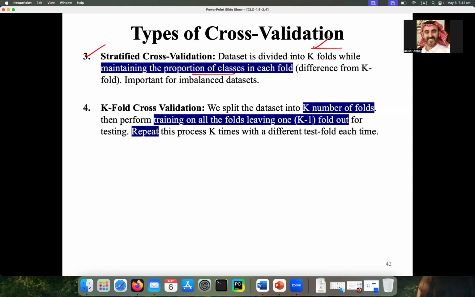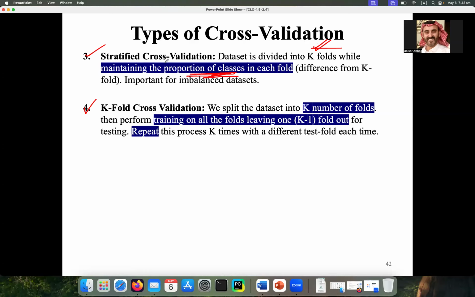For example, you have designed 10 folds, and if in your data set the number of classes is 2, binary classification, then you will keep the data of each class with equal proportion in each of these k folds. This is the condition now. Due to this condition, it is different from the next one, k-fold cross validation, which is general without any condition. Due to this condition, it is called stratified cross validation.